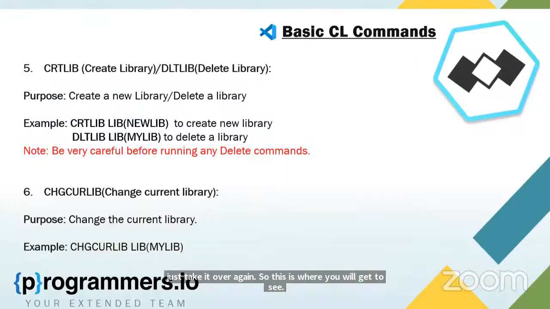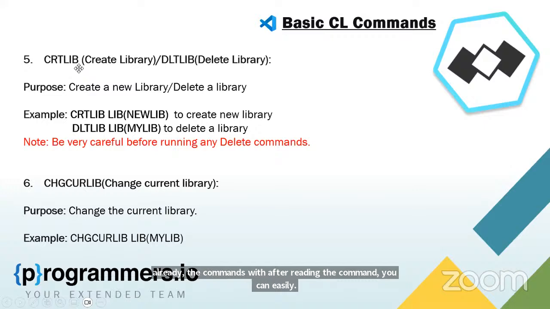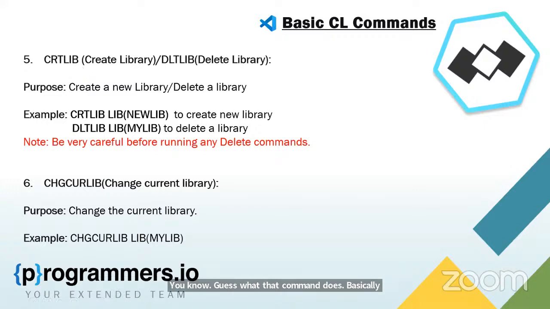Next is create library. As the name suggests, this is to create a library. As I told you already, after reading the command you can easily guess what that command does. Create library is to create a new library, and delete library is to delete the library.